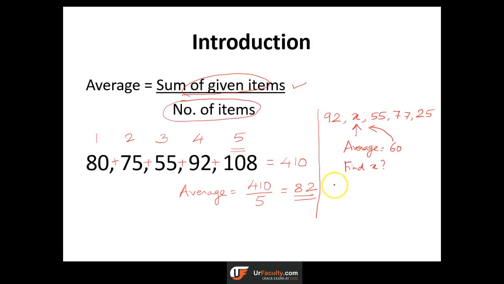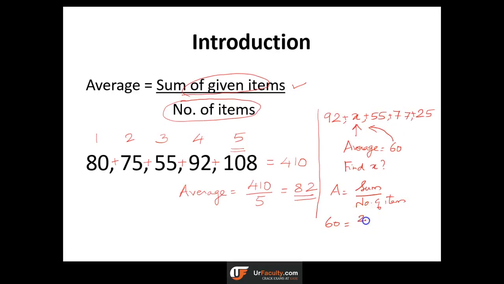Again, the step is the same. We know that average is equal to sum by number of items. And what is the average here? 60 is equal to, and what is the sum? The sum is nothing but 92 plus x plus 55 plus 77 plus 25. I will not do the complete step here.